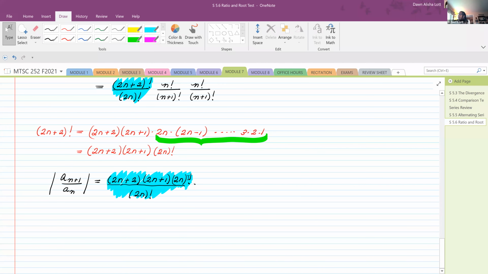Okay, we still have n factorial. Get rid of this dot.